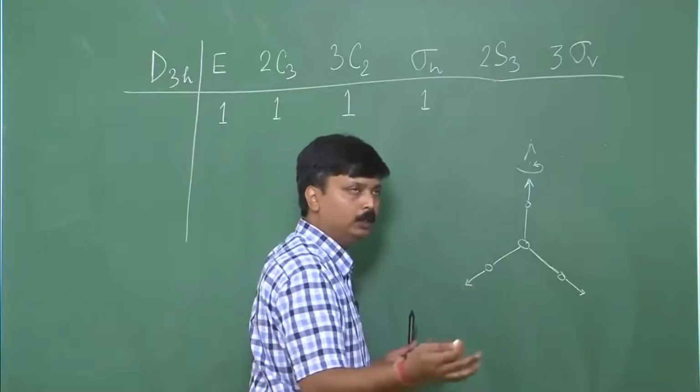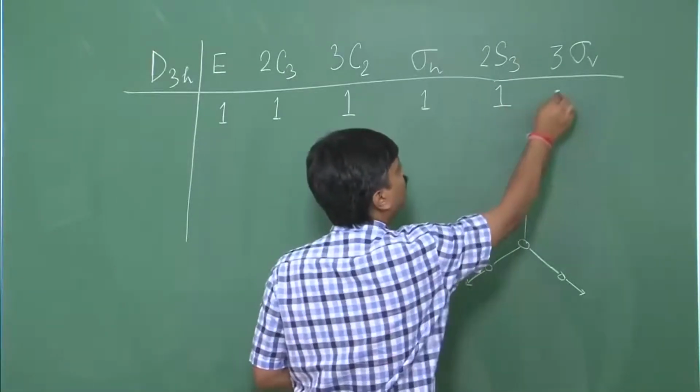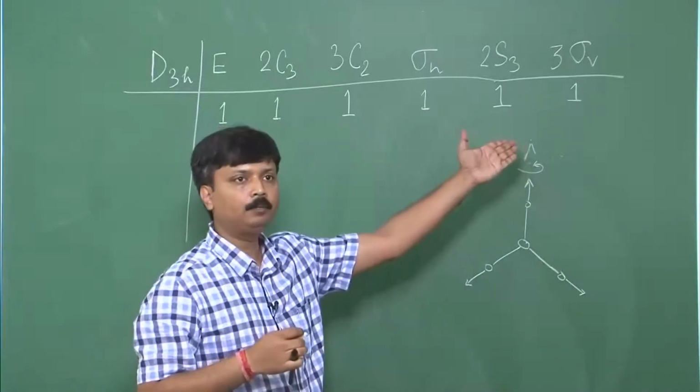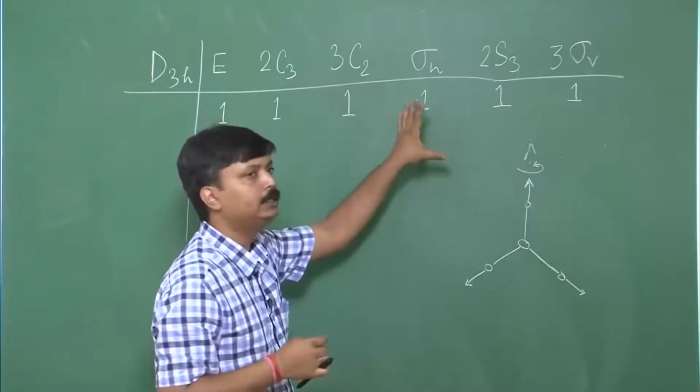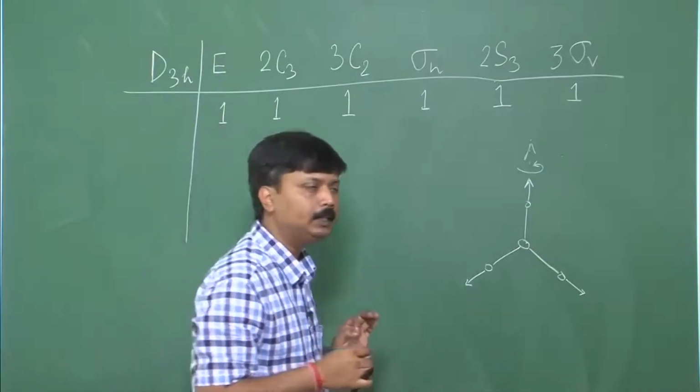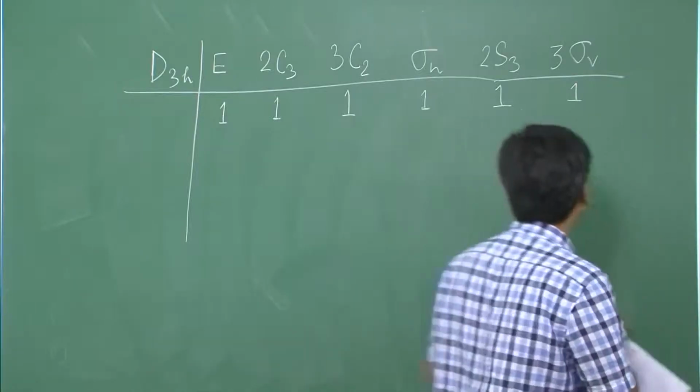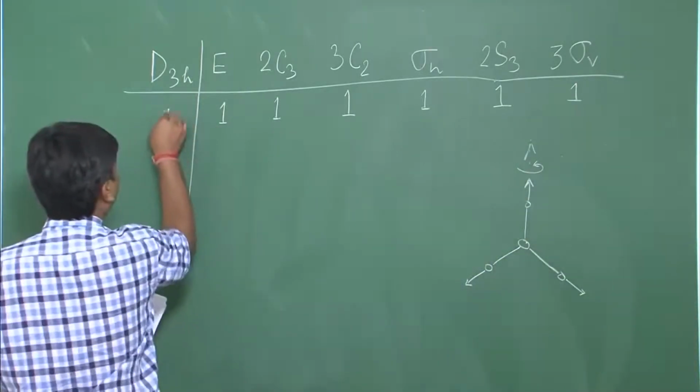S3 is also going to give me 1, and so will sigma v. So looking at these characters, you can find out that this is a totally symmetric irreducible representation. So what is the totally symmetric irreducible representation in D3h? It gives the term A1 prime.